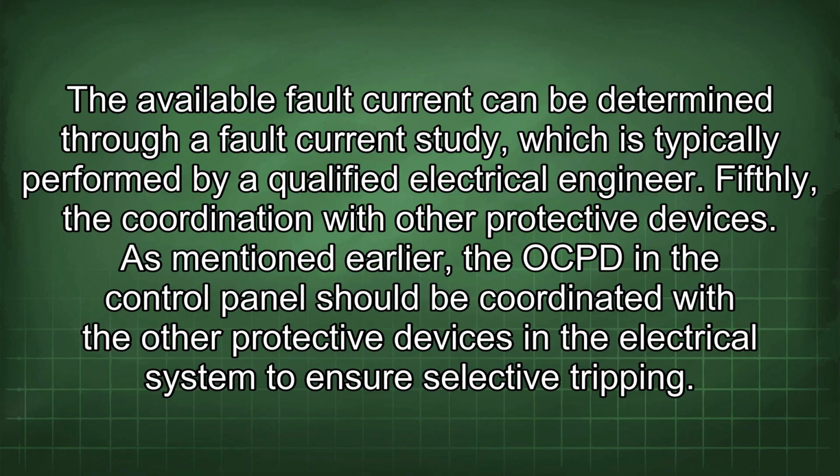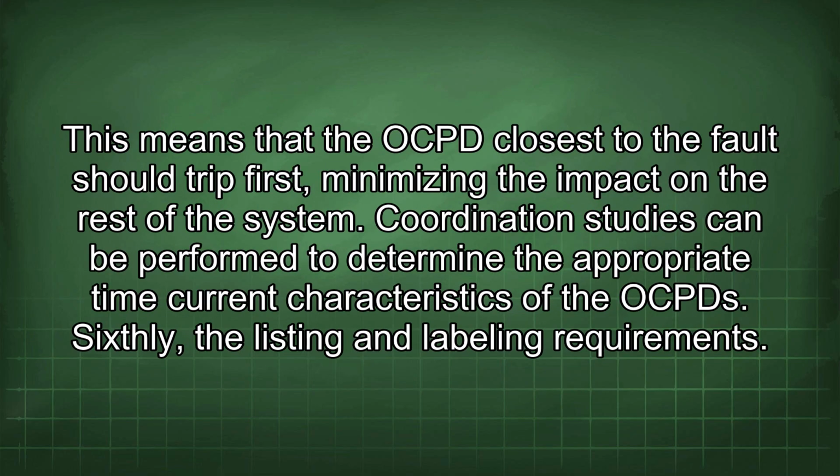Fifthly, the coordination with other protective devices. As mentioned earlier, the OCPD in the control panel should be coordinated with the other protective devices in the electrical system to ensure selective tripping. This means that the OCPD closest to the fault should trip first, minimizing the impact on the rest of the system. Coordination studies can be performed to determine the appropriate time current characteristics of the OCPDs.